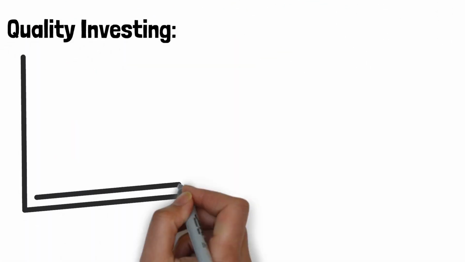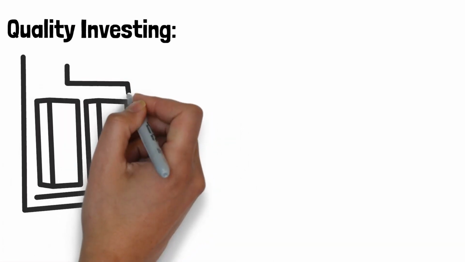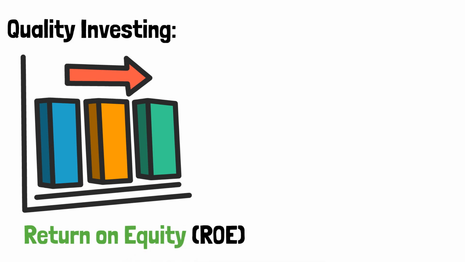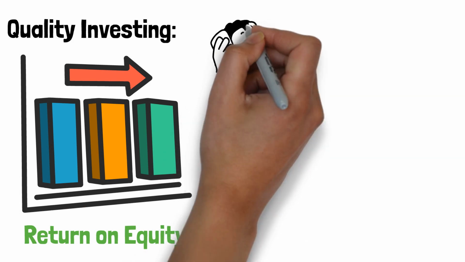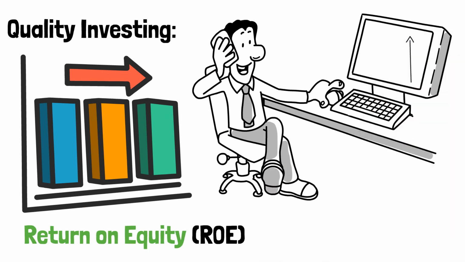Quality investing. Quality investing involves selecting stocks of companies that have strong financials and a history of stable earnings growth. One common metric used to evaluate quality is the return on equity, ROE. For example, suppose an investor screens for stocks with an ROE above the market average of 15%.